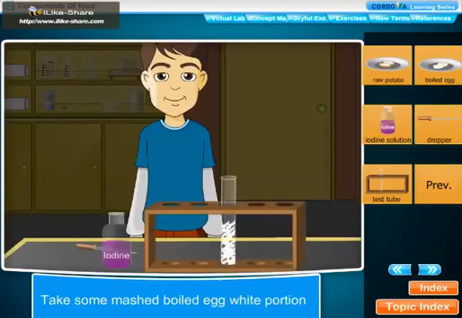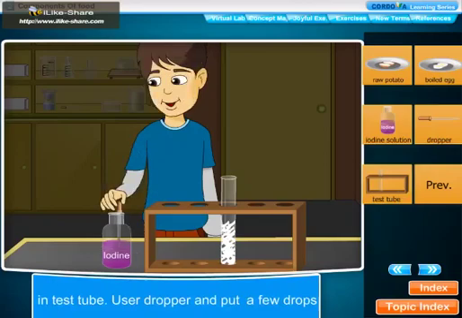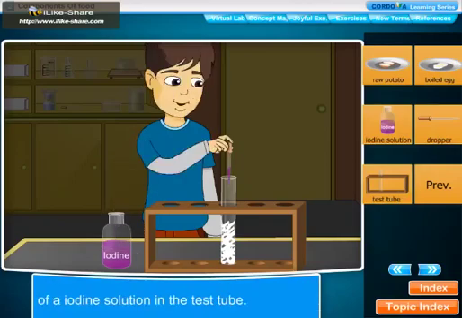Take some mashed boiled egg white portion in a test tube. Use a dropper and put a few drops of iodine solution in the test tube.